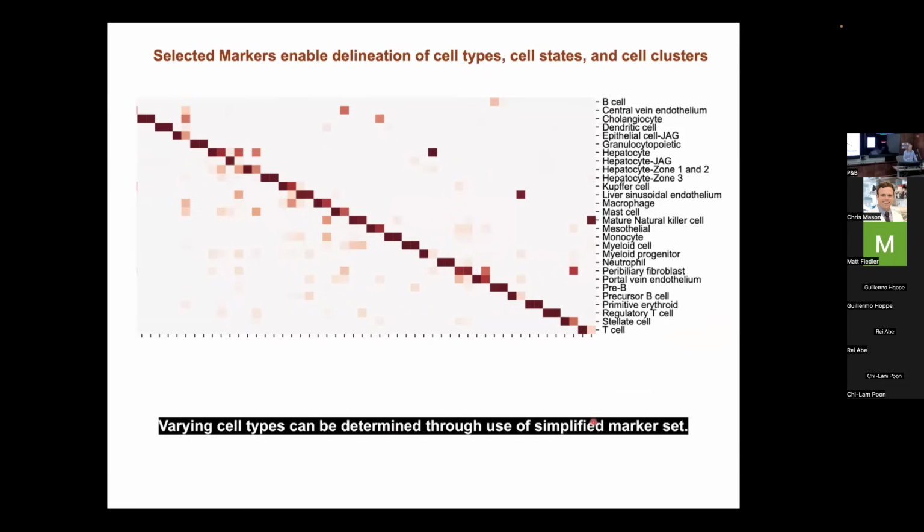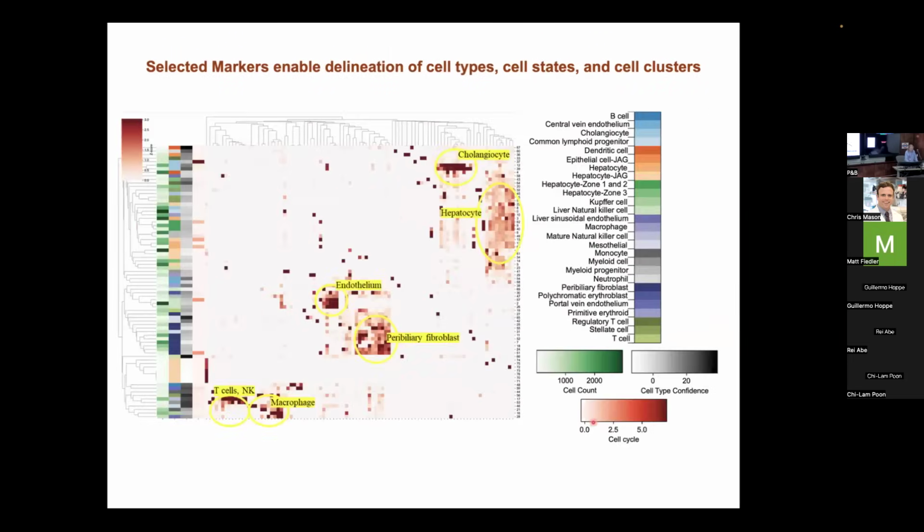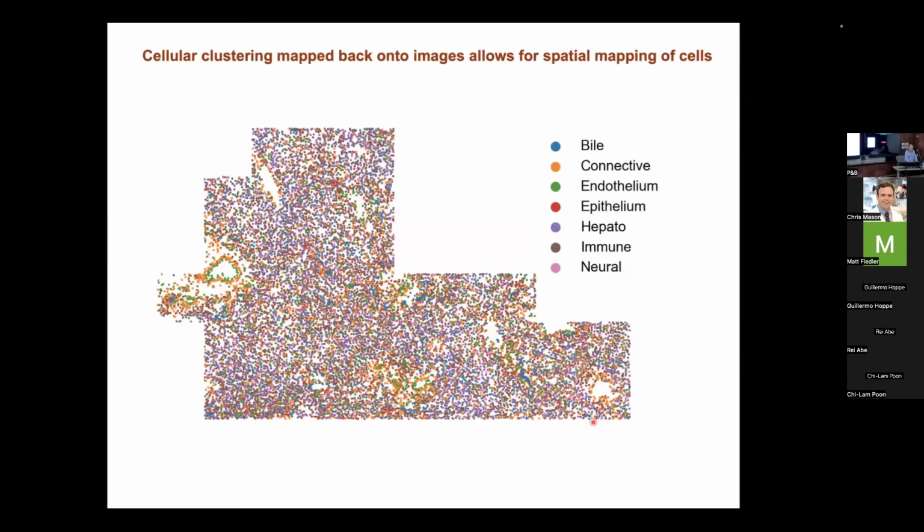An advantage of this technique is that it has very good specificity. We were able to delineate these different cells as well as the different subtypes within them using a variety of these markers. And if we map back, similar to what we did before, this is what liver tissue looks like.